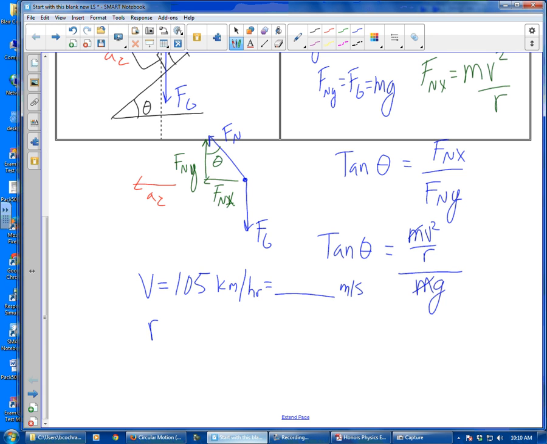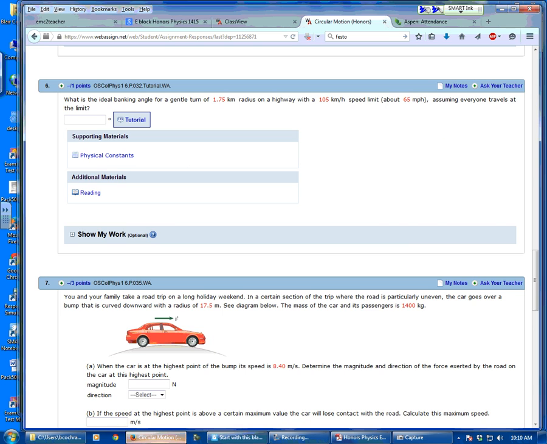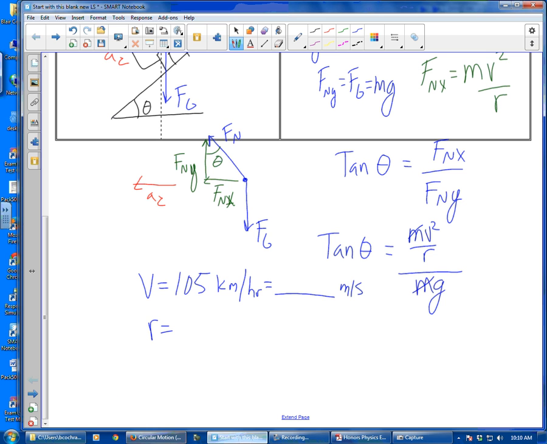And my radius, 1.75 kilometers, I want to get that in meters, well, 1,750, right? And then I'll use my g as 9.80 meters per second squared.